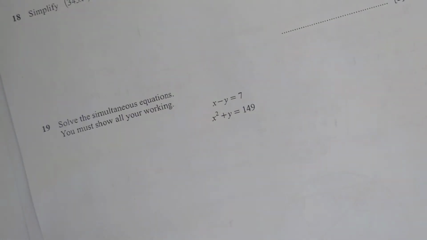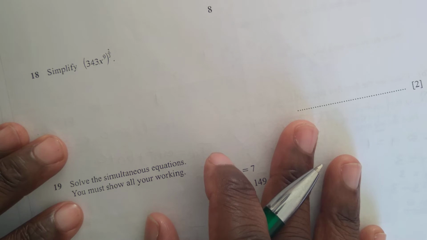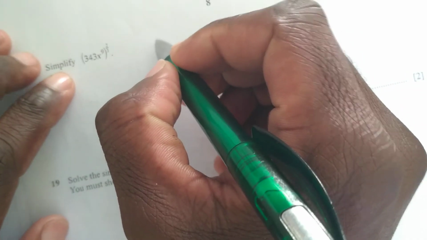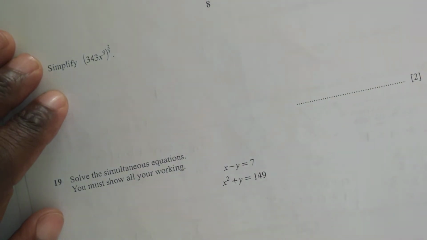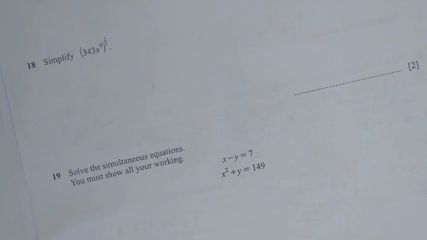Number 18. We want to simplify 343 x to the power 9, all to the power 2/3.